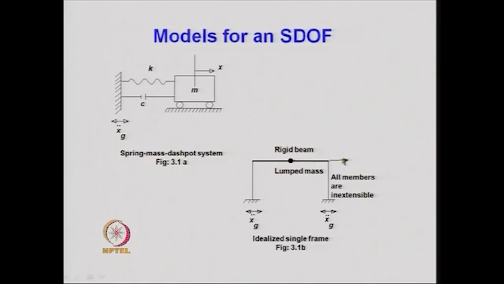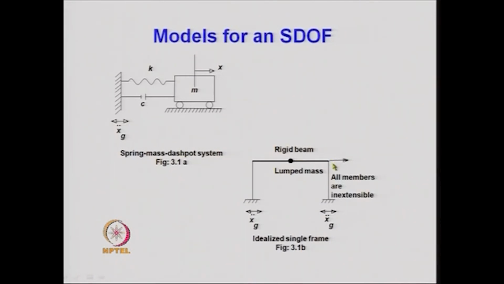There is a sway movement of the frame. For a unit sway, the force which is required is equal to 12 EI by L cube for this column, 12 EI by L cube for this column, or in other words 24 EI by L cube will be required to produce a unit displacement over here.